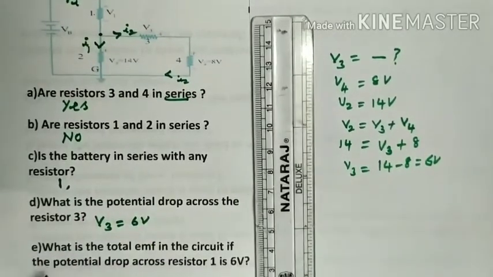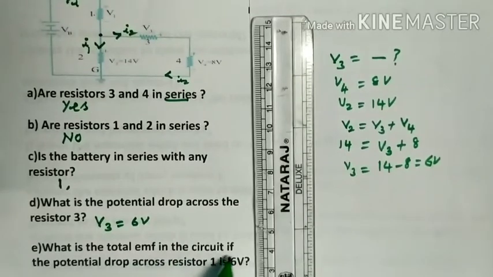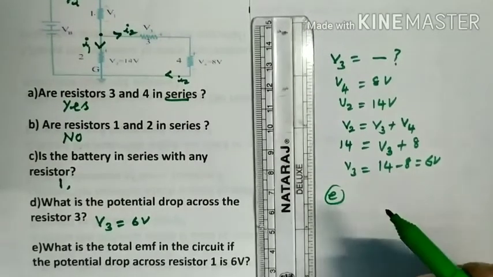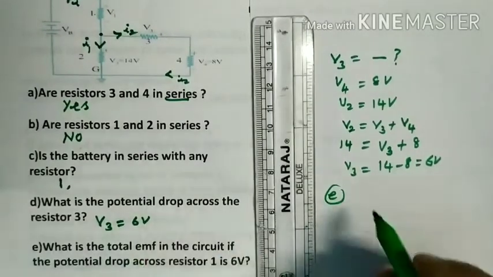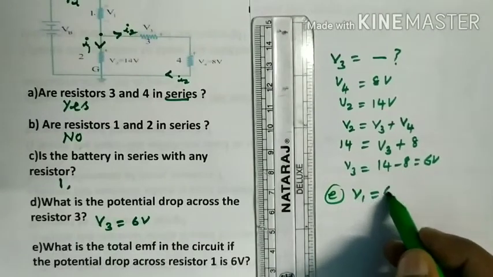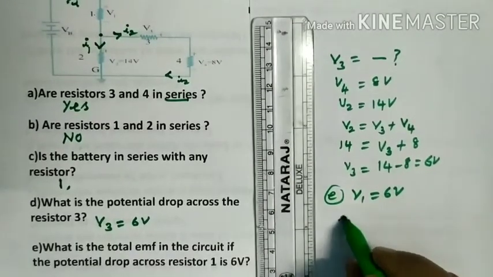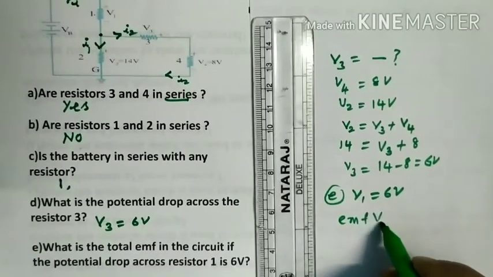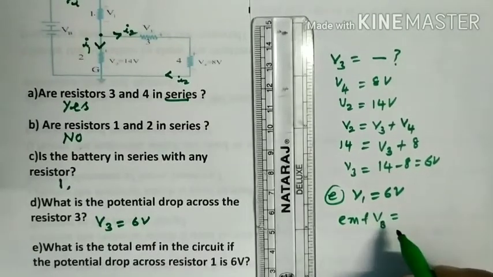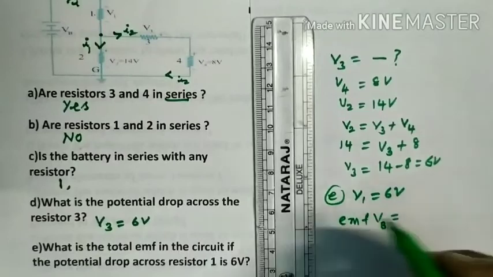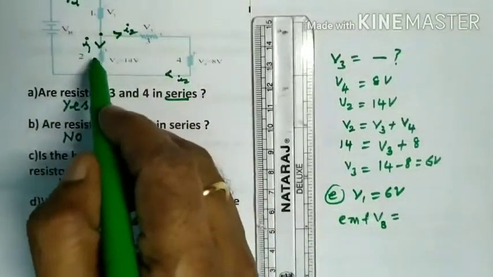The next question. What is the total EMF in the circuit if the potential drop across resistor 1 is 6 volts? So V1 is equal to 6 volts. You have to find the EMF VB, the battery voltage, that is equal to V1 plus V2.